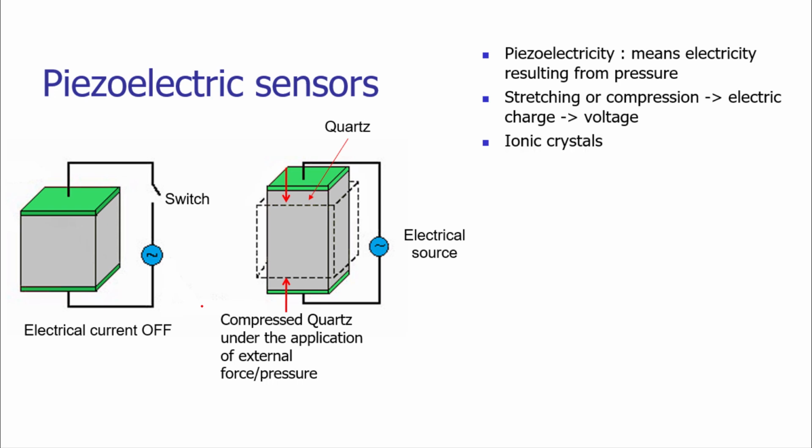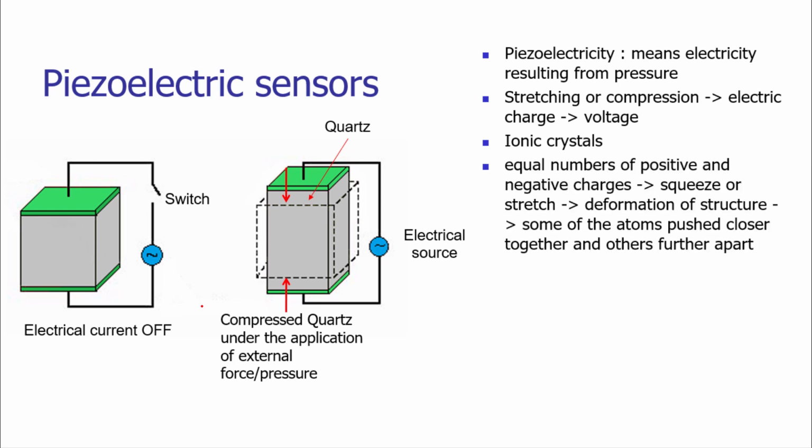These materials have ionic crystals. What happens when we apply the compressive force on these materials? At the natural, normal stage, there are equal numbers of positive and negative charges on the surfaces. But when we squeeze them or apply pressure or a force over these materials, there is deformation of the structure.